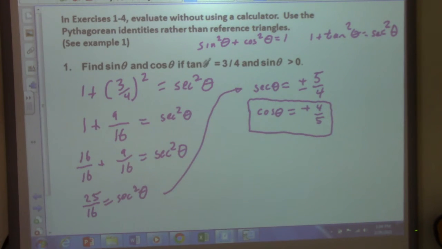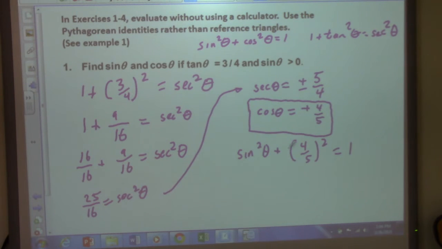So here we have sine squared theta. We don't know what it is, but we know that cosine theta is 4/5. So we have plus 4/5 squared is equal to 1, right?